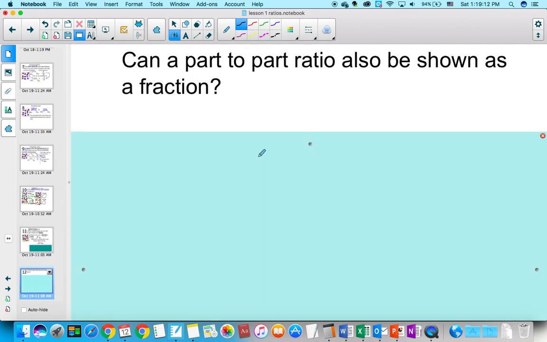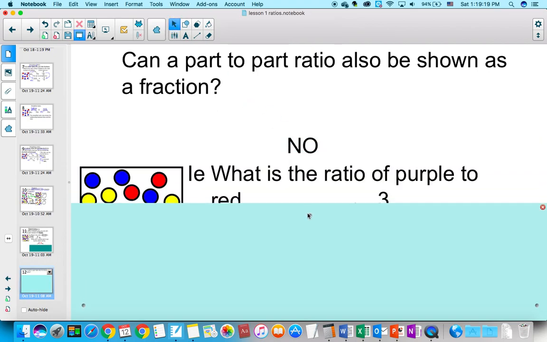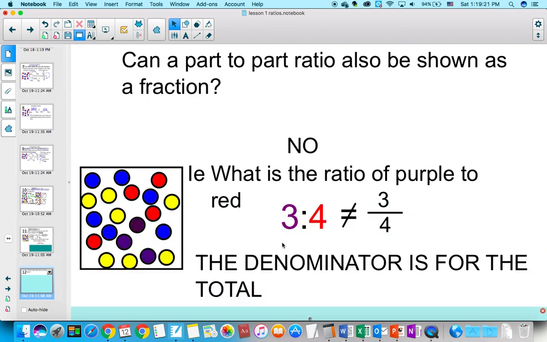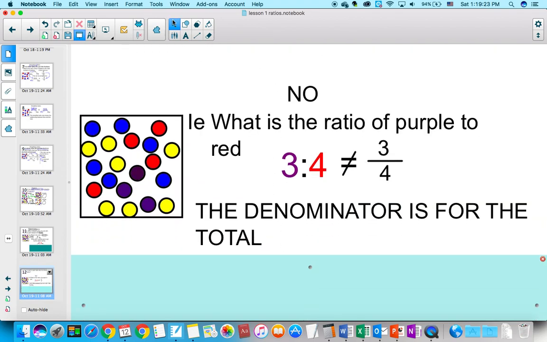Can part-to-part ratios also be shown as a fraction? Well, part-to-part ratios cannot be shown as a fraction, right? And the reason for this is because if you were to convert our previous one into a fraction, it's saying something else. Here we're saying that the purple marbles take up 3/4 of the red marbles.